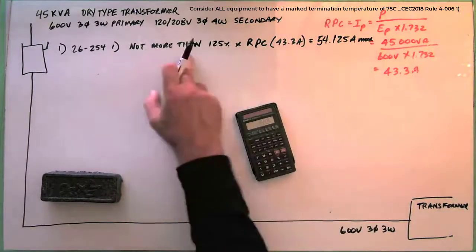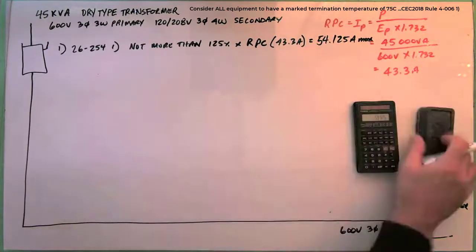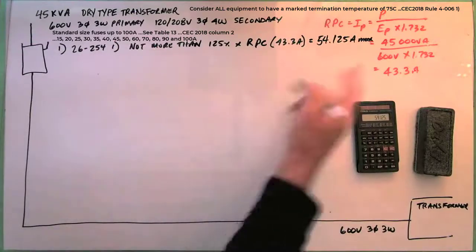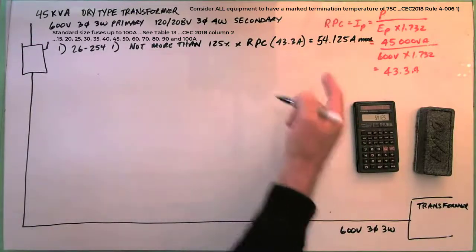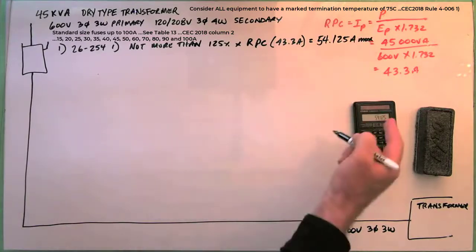Remember, not more than this. So therefore, up at the top there, it falls between a 60 and a 50. So you're going to go up to 60 or you're going to go down to 50.